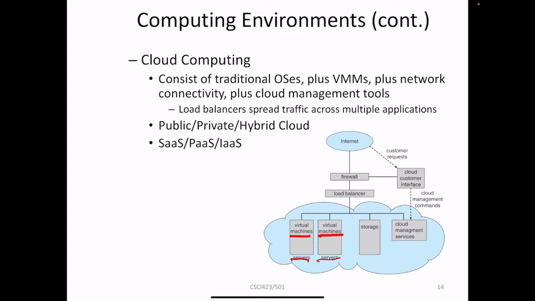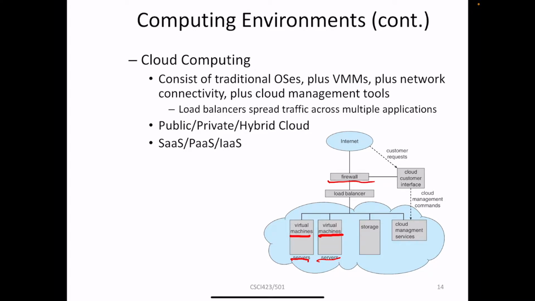The users from the outside connect to the cloud computing through the internet. Due to the network attacks or malicious users on the other side of the internet, the firewall is needed to protect the servers and the cloud computing networks.